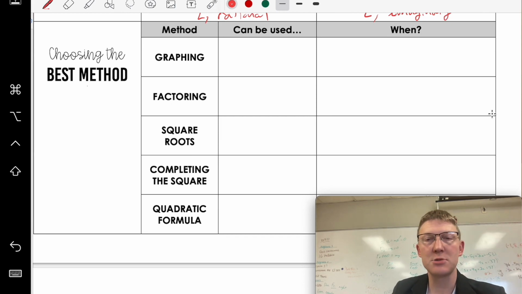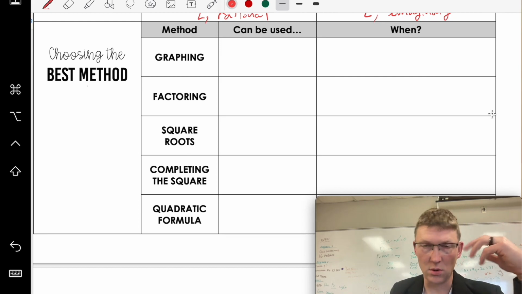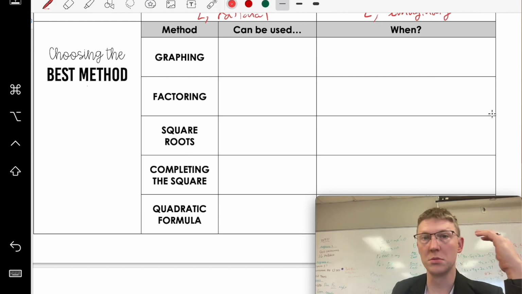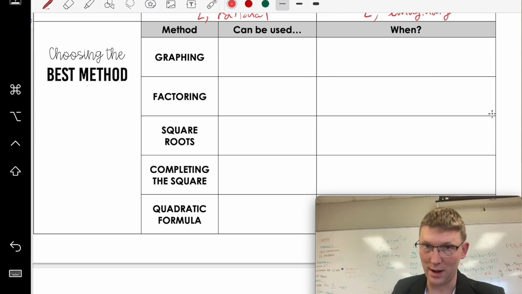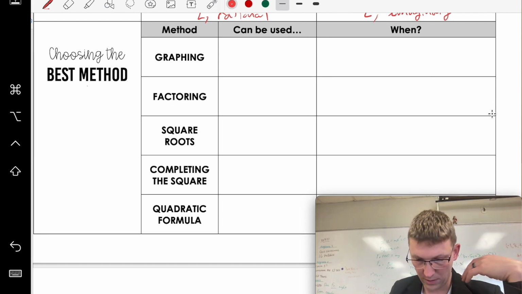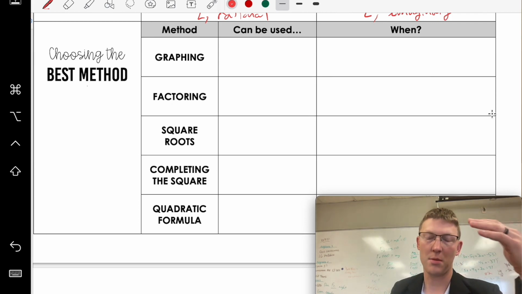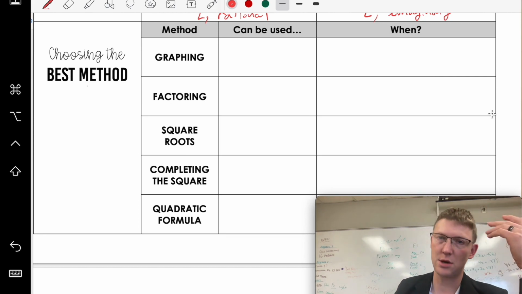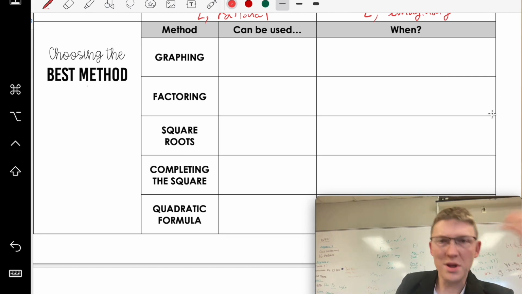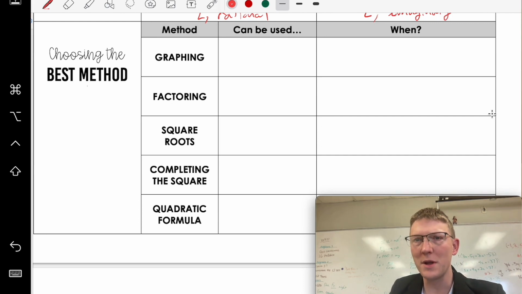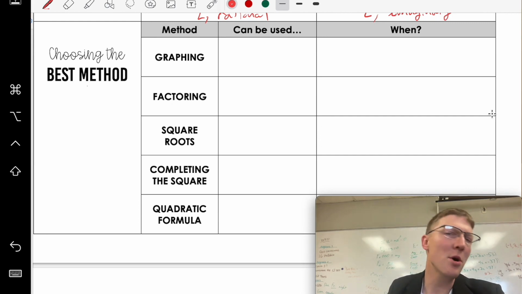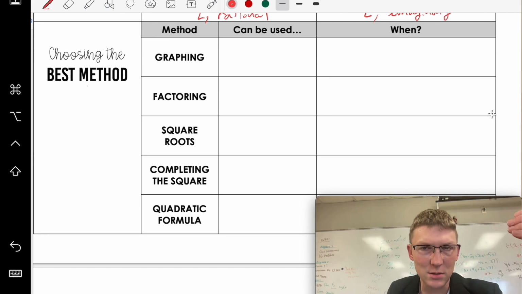Okay, so let's review all of the methods that we have to solve a quadratic equation. So number 1, we can always graph it, right? I'm kind of looking for sometimes or always. So you can actually always graph it, but most of the time it's not practical.